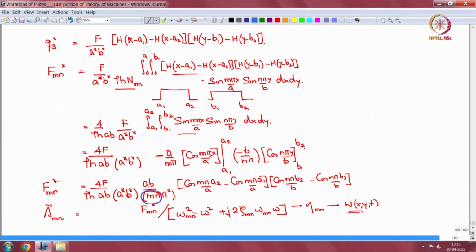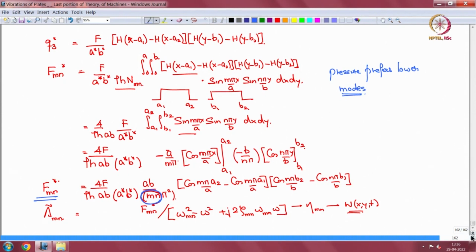Okay. That means what? If mode numbers become higher, then F mn becomes small, response becomes small. That means the pressure prefers lower modes. If you apply a pressure in general, you will get a high response at lower modes.